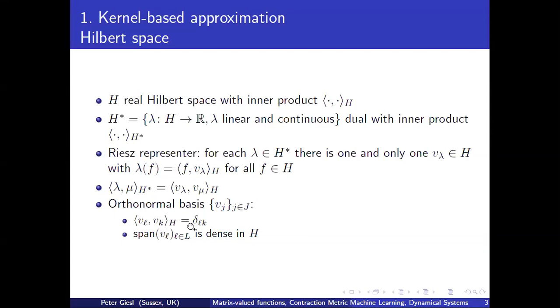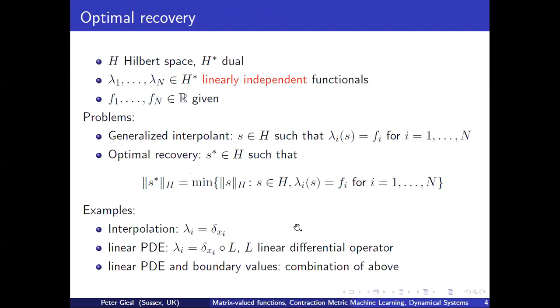And the definition of an orthonormal basis is that it's orthonormal, that's the first condition here, and that the span is dense in H. Right, so let's look at an optimal recovery problem. As you can see in the examples, the easiest example would be an interpolation problem, but we will later see that also linear PDEs fall into this class.